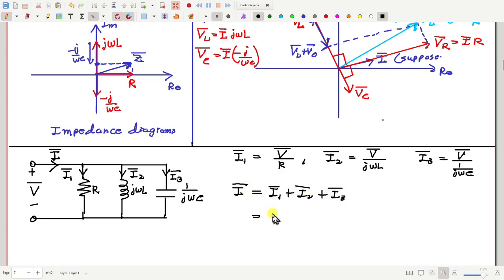So that will be V common, and we have 1 by R plus 1 by J omega L plus 1 by 1 by J omega C.